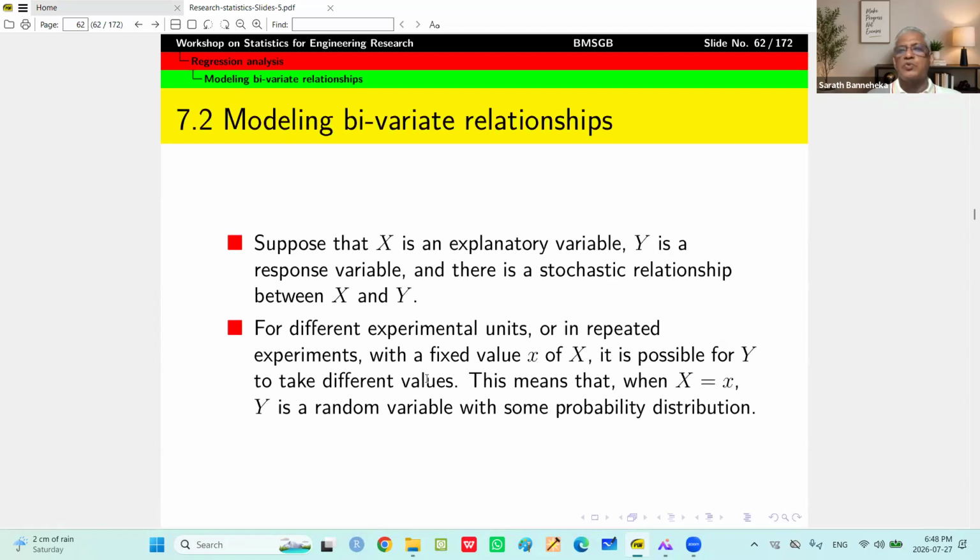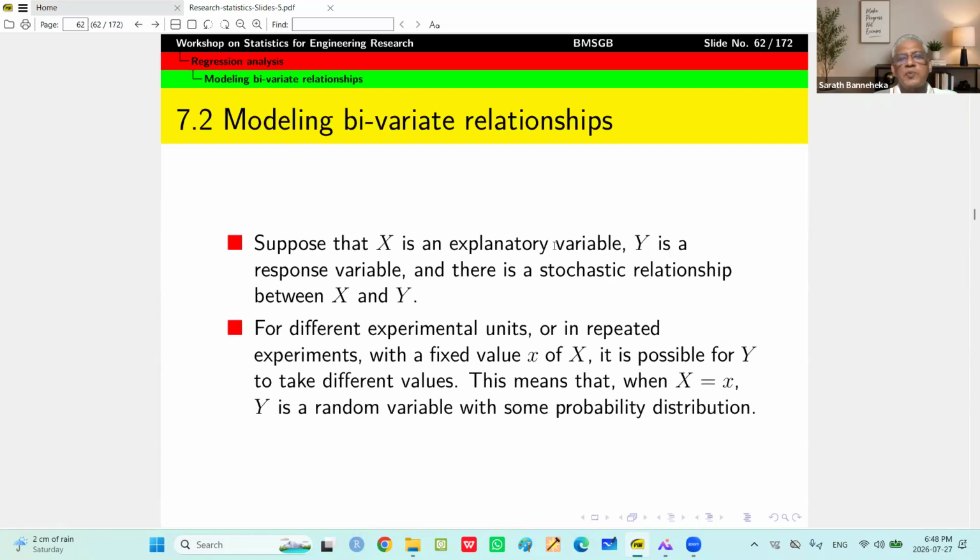Right. So suppose you have a situation where you think that your response depends mainly on one variable x. Then you want to find out what kind of relationship there is, and build a model to describe the relationship between y and x.